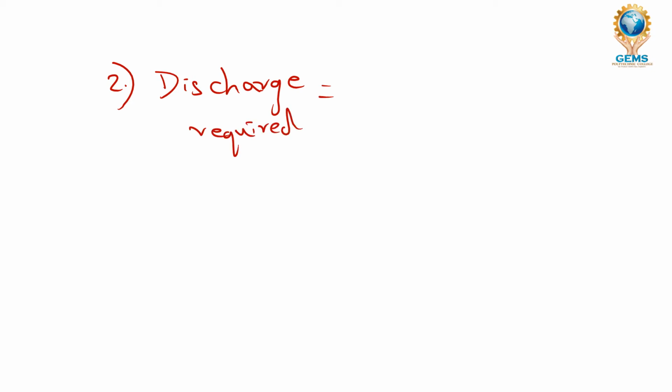The next formulas are to calculate the discharge and the capacity of the reservoir volume. The second one is discharge required, which is equal to area under irrigation divided by duty.